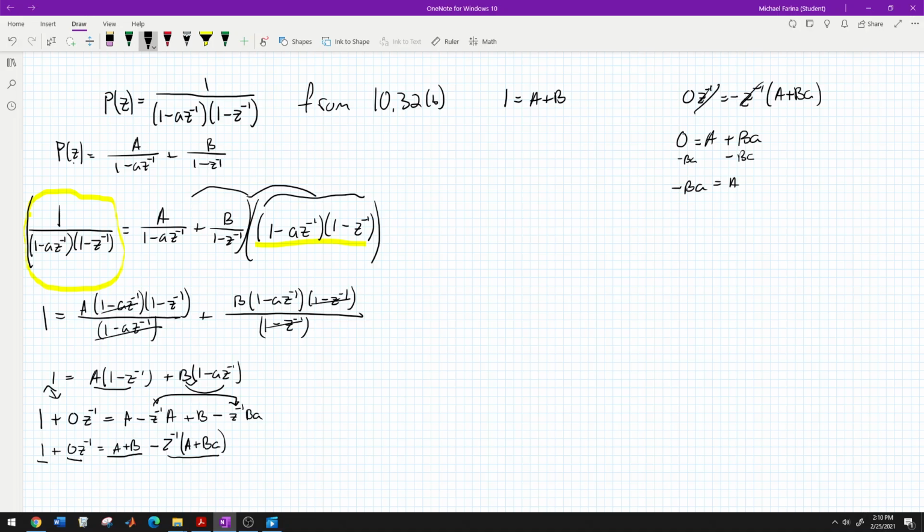Over here, 1 equals, I'm going to plug this in for A, so I get B plus B a, factor out B, and then I get that B is equal to 1 over 1 minus a.